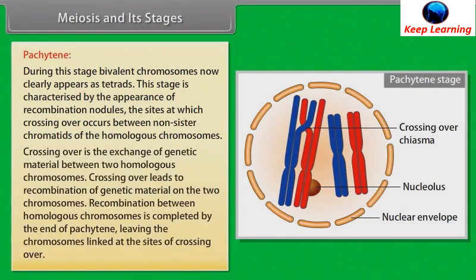Crossing over is the exchange of genetic material between 2 homologous chromosomes. Crossing over leads to recombination of genetic material on the 2 chromosomes. Recombination between homologous chromosomes is completed by the end of pachytene, leaving the chromosomes linked at the sites of crossing over.